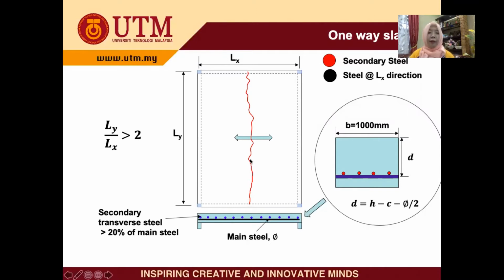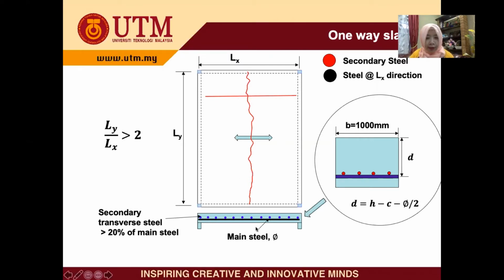Therefore, we need steel to protect against this crack. Therefore, the steel in this direction must be provided. This is the main steel here. Why is it main steel? Because it will protect against the crack here. Okay. Therefore, from the side we can see that this beam, the red here, is the black one here that you can see here.